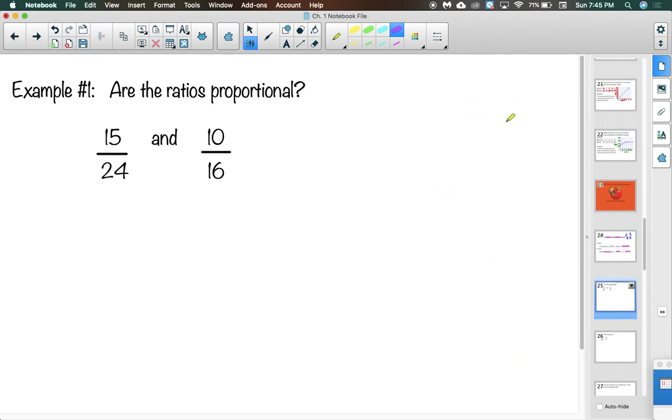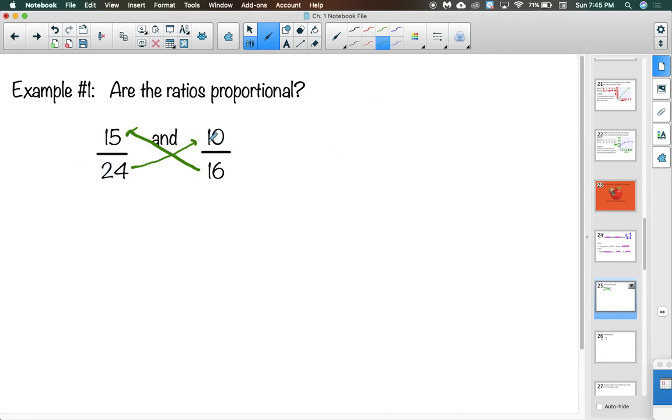Okay, so let's talk about how we can use cross products to see if we have a proportion. So the first type of question: are these ratios proportional? And we did see a question like this back in Chapter 1, Lesson 0. The way to use cross products to answer this question is to multiply the denominator times the opposite numerator for both ratios and see if we get the same product.